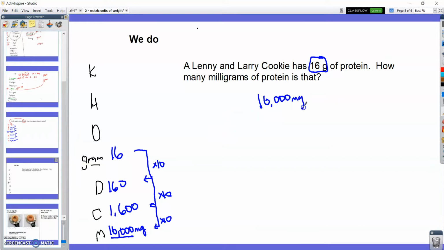Makes it sound really healthy, doesn't it? 16 grams is one thing, but you can just skew what you're saying by just changing the unit, right? So, oh man, this cookie has 16,000 milligrams of protein. Sounds like you're the healthiest person ever. Like, way to go, you. You're really getting your nutrition, even though it's the exact same amount.